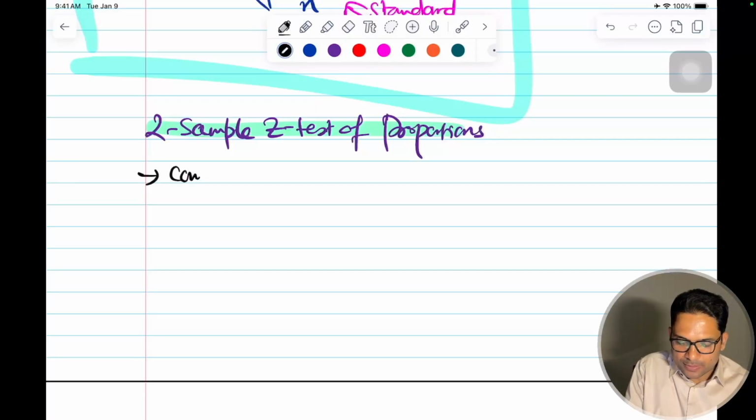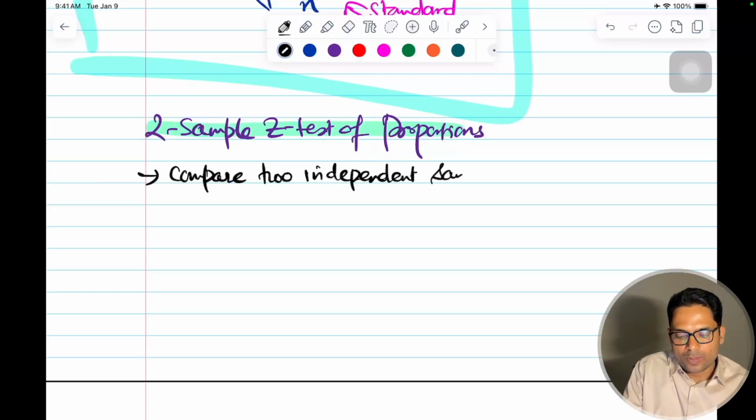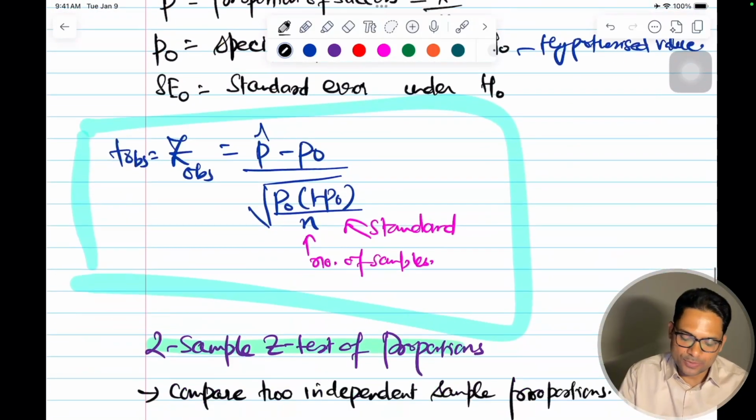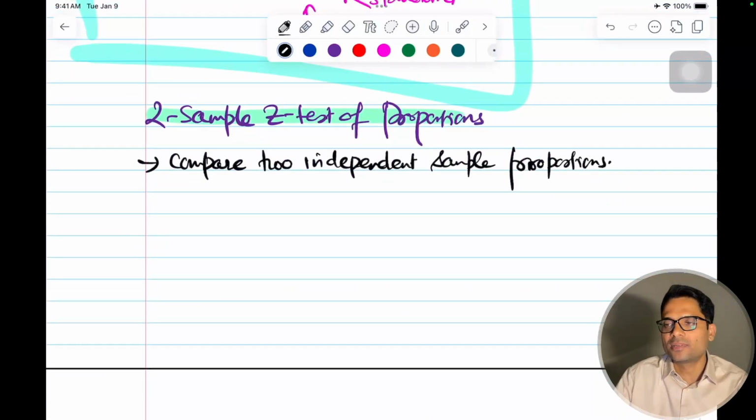This is to compare two independent sample proportions, so both values come from two different samples. Earlier, one side was the sample and the other was hypothesized. That's the difference.